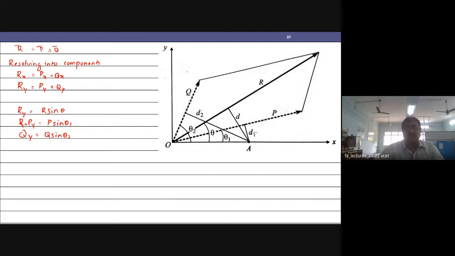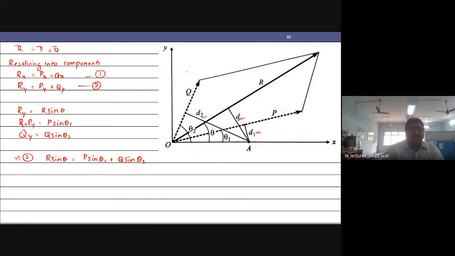For the force P it is d1, for the force R it is d, and for the force Q it is d2. So my equation number 2 becomes R sine theta equal to P sine theta 1 plus Q sine theta 2.